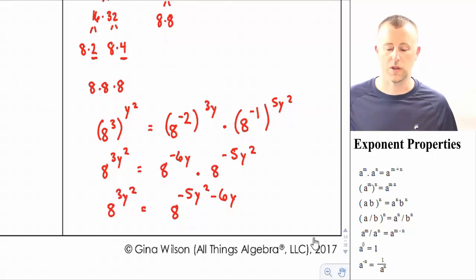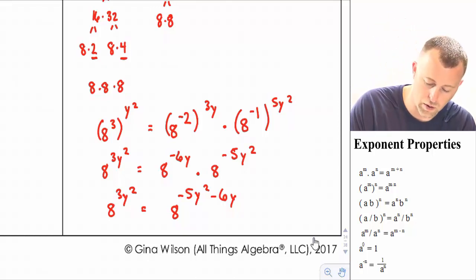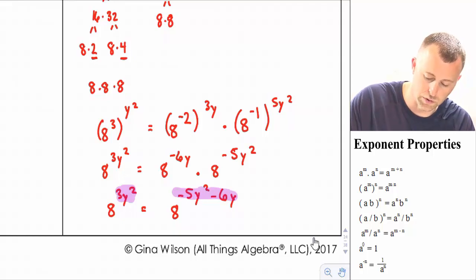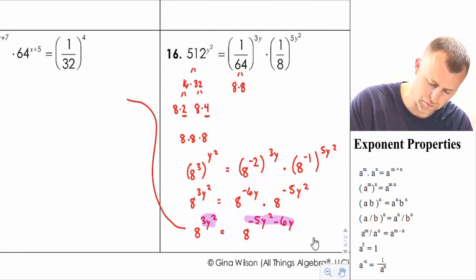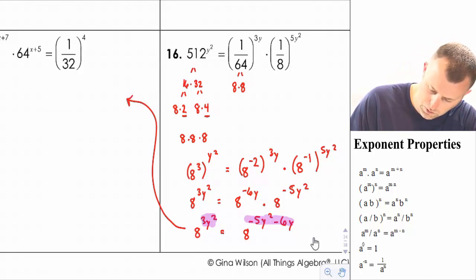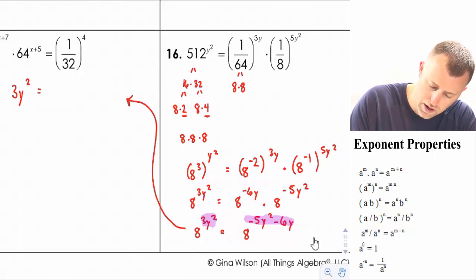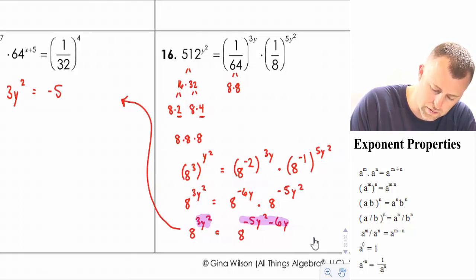Okay, so now that I've combined all these, I can use the one-to-one property. I can set these exponents equal to each other. I don't have much room, so I'm going to do it over here. So if I do that, I'm going to have 3y squared equals negative 5y squared minus 6y.